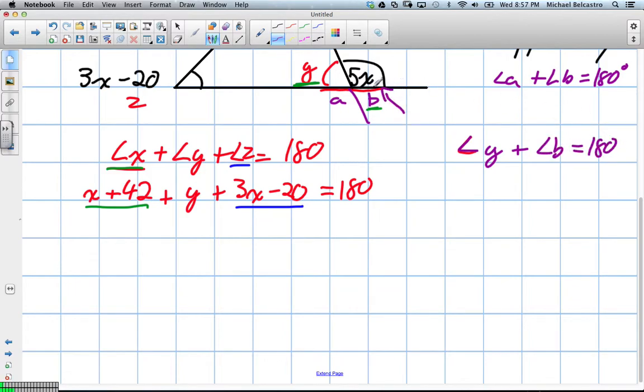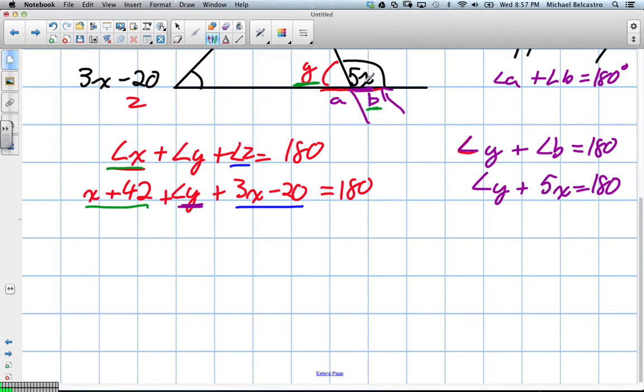Well, we can replace angle B with what value? 5x. So angle Y plus 5x equals 180. They're still the same y. We're still referring to angle Y.